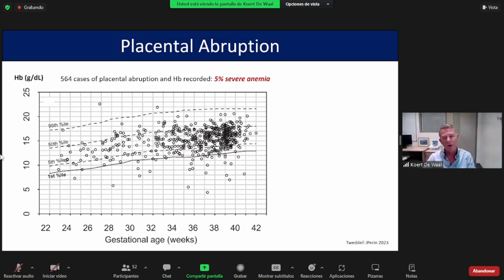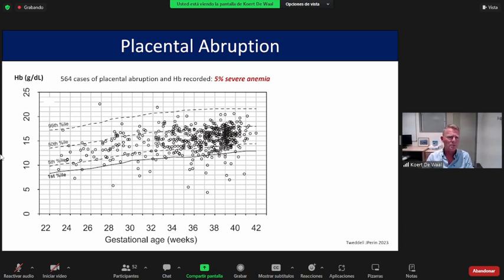They found that about 5% had a severe anemia. You can see the dots distributed in a normal distribution between the first and the 95th percentile in this particular population. So the message from this paper was that placental abruption, although common, actually not that often will create a severe anemia in the newborn.